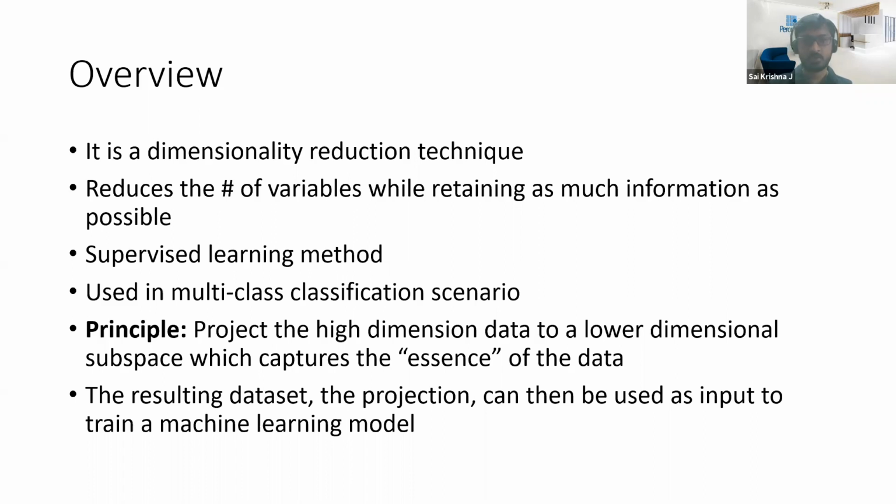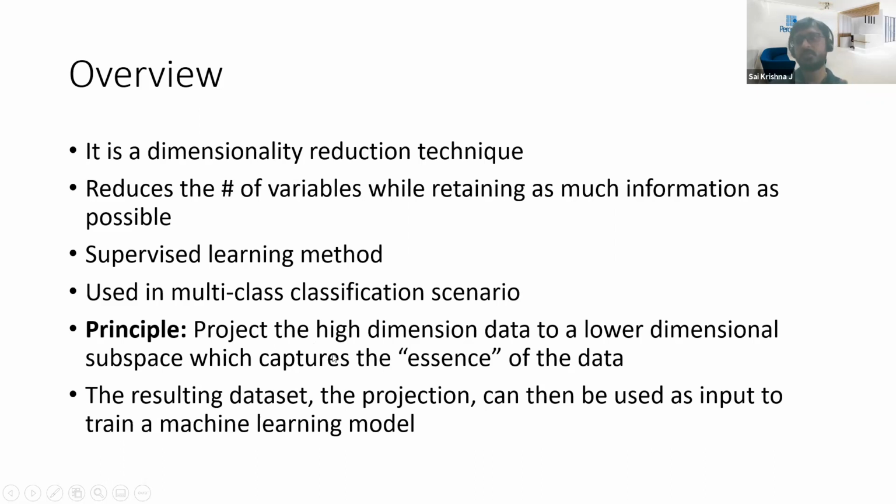How this works is, in PCA, I told you that it will create n independent variables out of the n existing independent variables. This works a little bit differently. It will project the high dimensional data to a lower dimensional subspace, which captures the essence of the data.